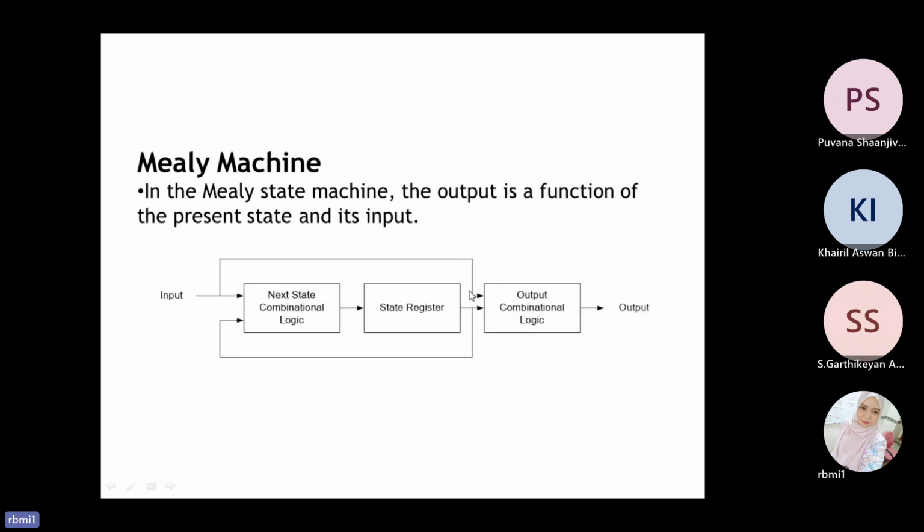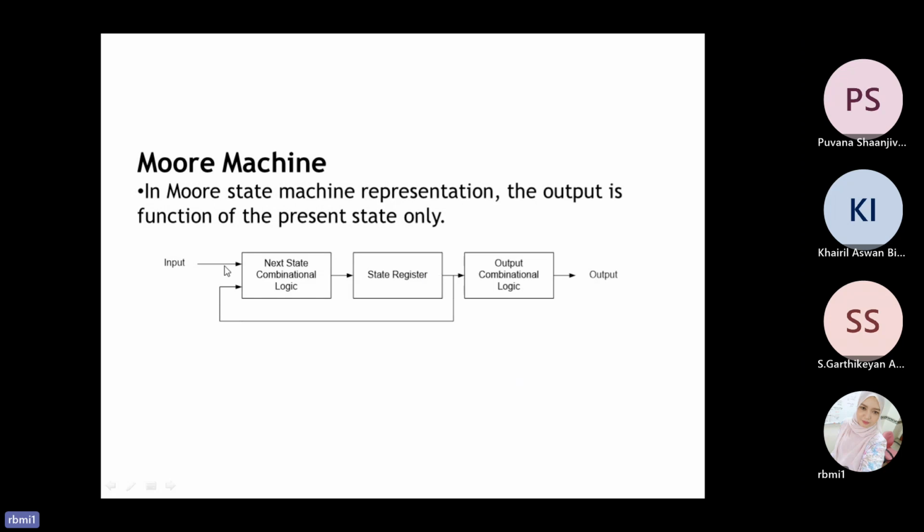If we look here, there is one path from the input directly to the output in the Mealy machine, meaning the output depends on the input itself. Now, in the Moore machine, it depends only on the current state. The output changes synchronously with the state changes. That's the difference between these two.